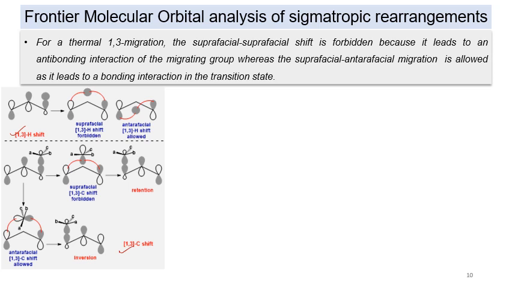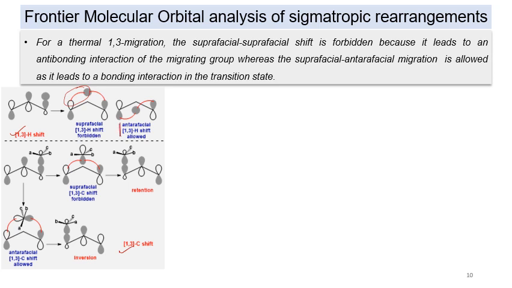In case of hydrogen, there is no supra-supra, sorry, so it's only suprafacial. So the suprafacial 1,3 H shift is forbidden because now you are having an antibonding interaction, whereas the antarafacial 1,3 H shift is allowed. But we will see why this is not very feasible in the coming slides.